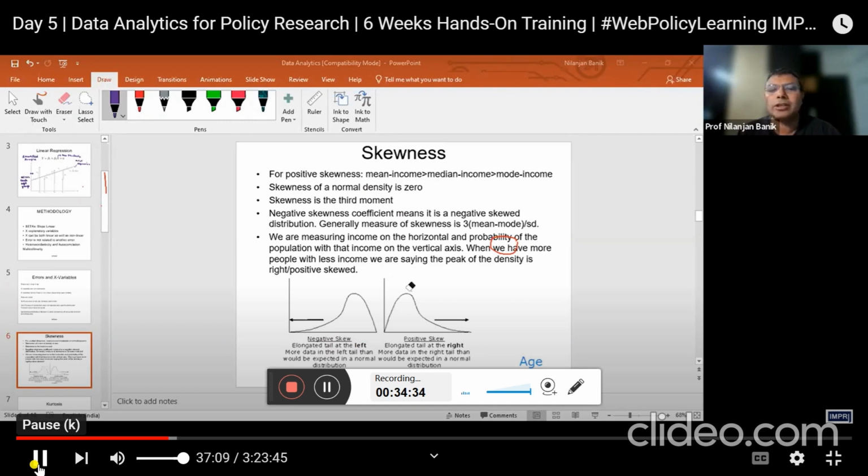We actually spoke about this positively skewed distribution function, where we said it helps us understand the extent of income inequality. We were discussing that in the context of India, in the very first class.